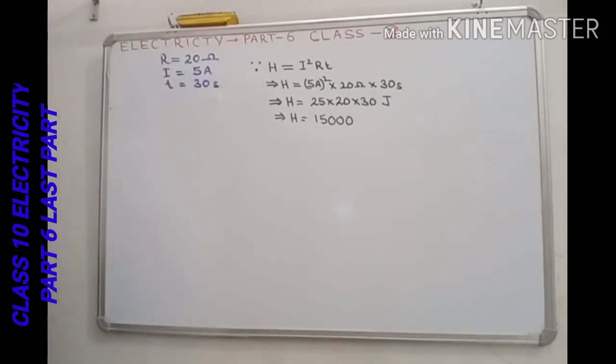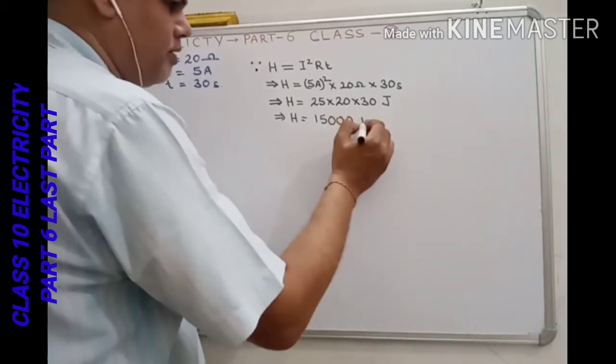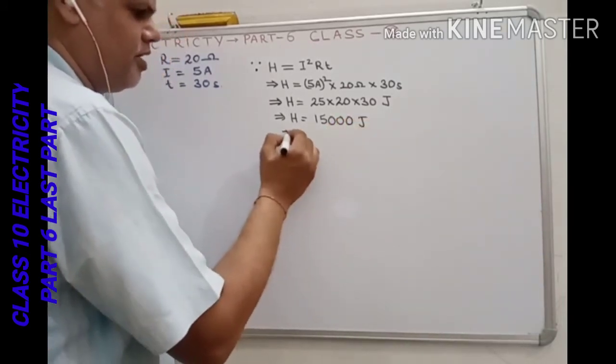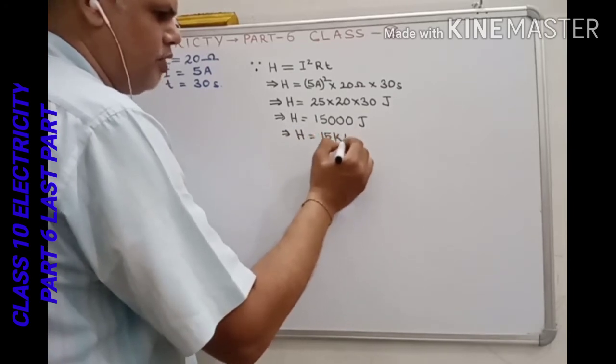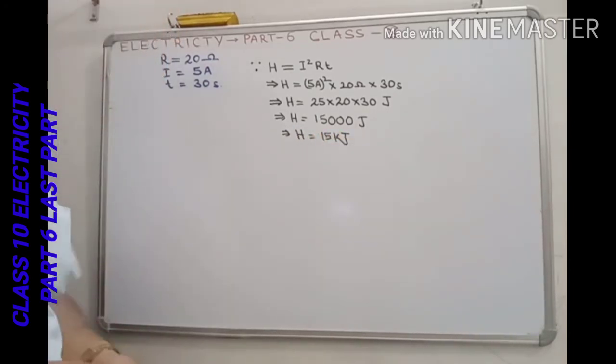Clear? So this much Joule energy will be released. I can write here that 15 kilojoule of energy will be produced.